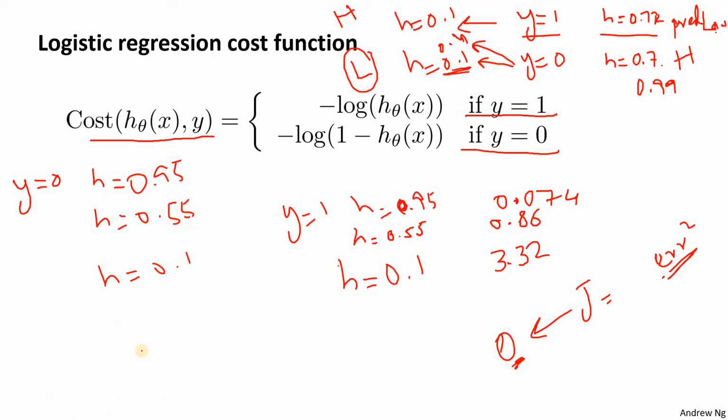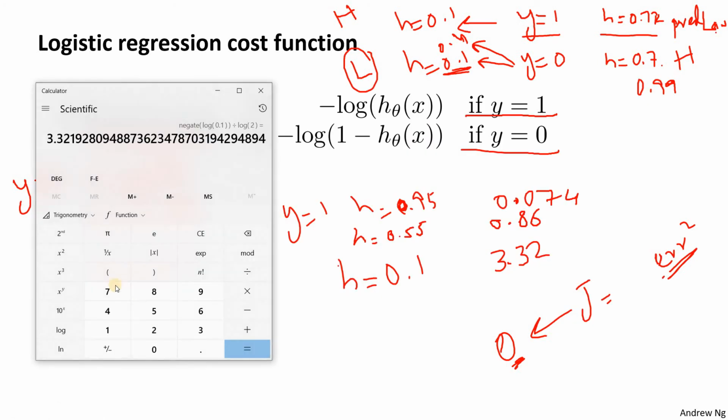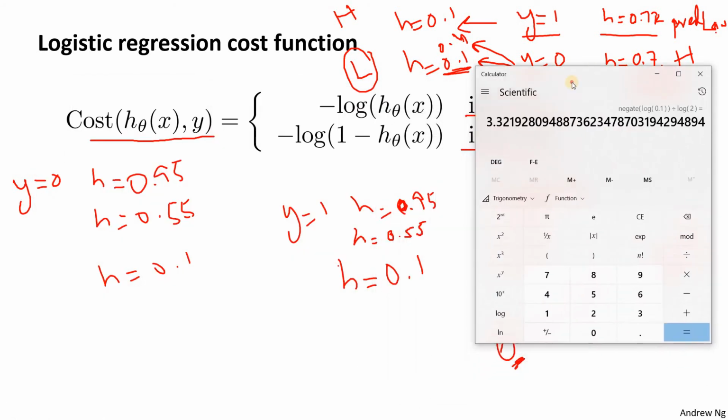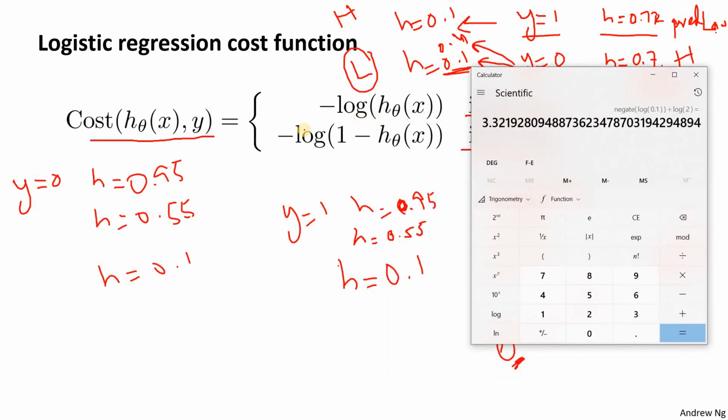Okay. So in the case of 0.95, what will happen? Now this time 0.95, the value is not passed to the log function. The value that will be passed to the log function will be 1 minus 0.95. So 1 minus 0.95 is 0.05, that is the value I am passing to the log function.